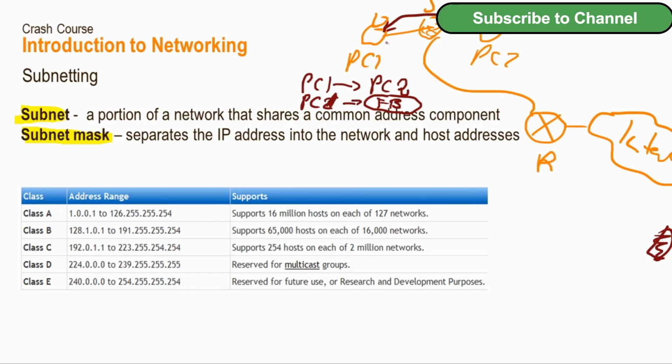To its default gateway. Because PC1 says, well, I have no idea where Facebook.com is. It is not in my network. I will send it to my router, because this router should know how to route, how to send that message to Facebook.com.